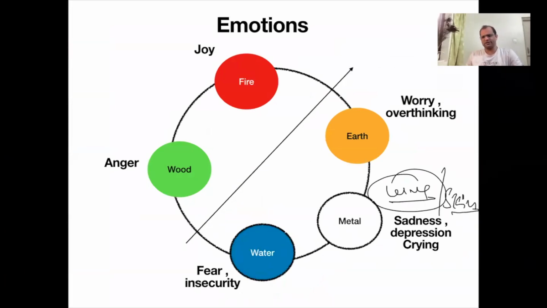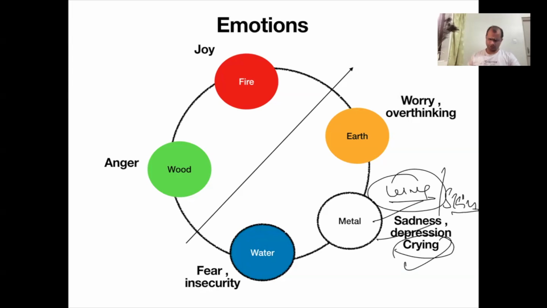Okay, a little bit is okay, a little bit of crying is okay. Sometimes we cry with happiness, that is okay. But always crying, always being in depression will make your lungs weaker, your large intestine weaker. So that is the emotion of sadness, the low energy.